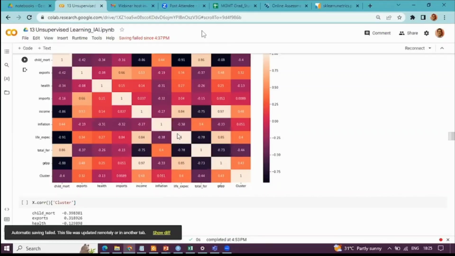So in this kind of a solution, probably the principal component analysis works much better. You just right now understand that in this kind of a solution, the principal component analysis will work much better because we are seeing very high levels of correlation. In some cases you see here 0.97 correlation, income versus GDP.